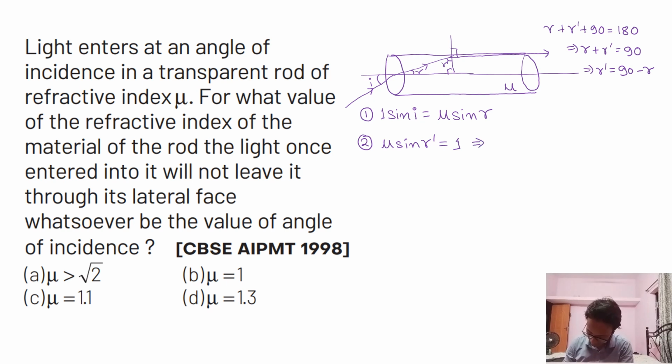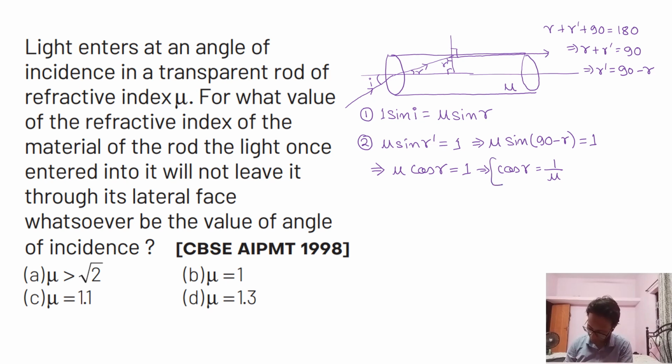Out here, can I say mu into sine of 90 minus r is equal to 1? What is sine 90 minus r? By trigonometric relation, sine of 90 minus r is nothing but cos of r, so cos r is equal to 1 by mu.